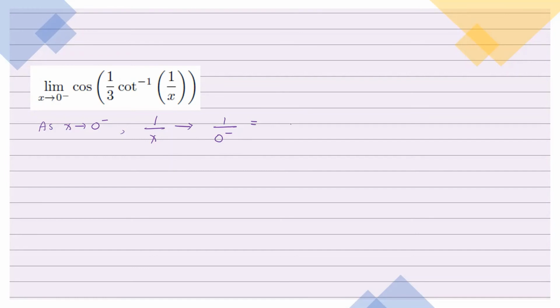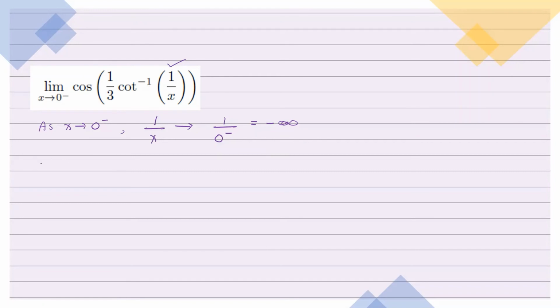So, we have an infinity. But we have to know what sign, what infinity. It is negative or positive. So, ang 1 may positive sign yan. Ang 0 minus, we see the minus. So, plus divided by minus, we get negative infinity. Okay? Okay na. Check na itong isa. Tatlo na lang. Cotangent inverse, 1/3 of that, then cosine of that.